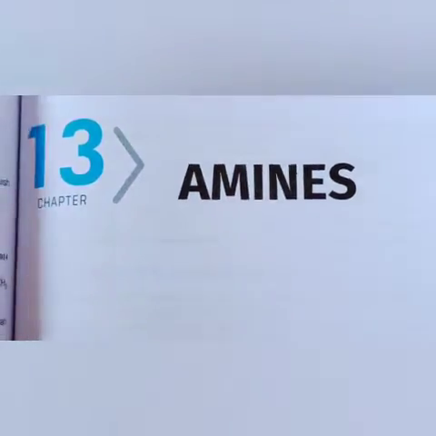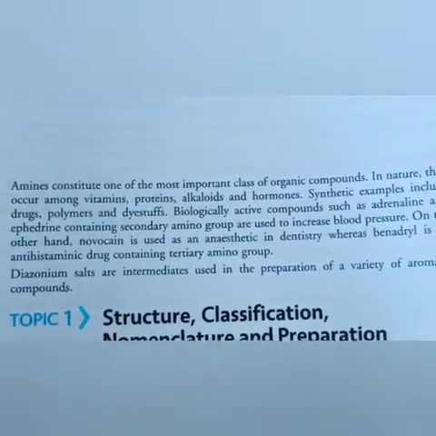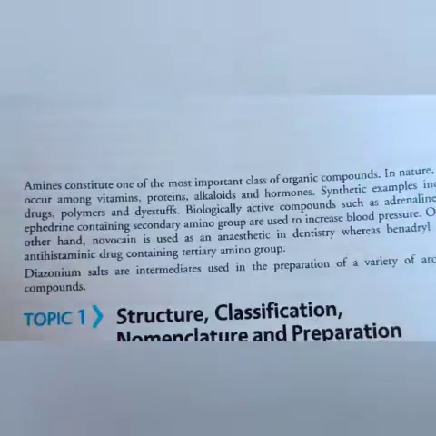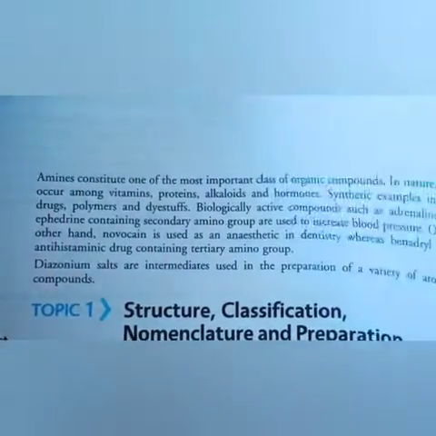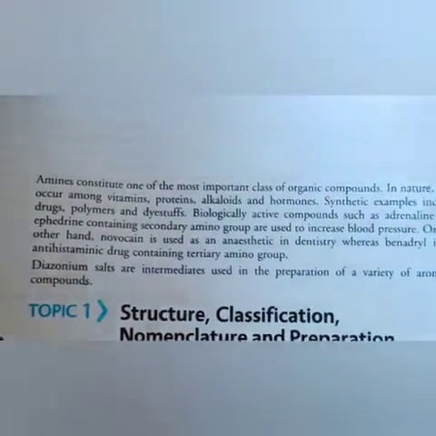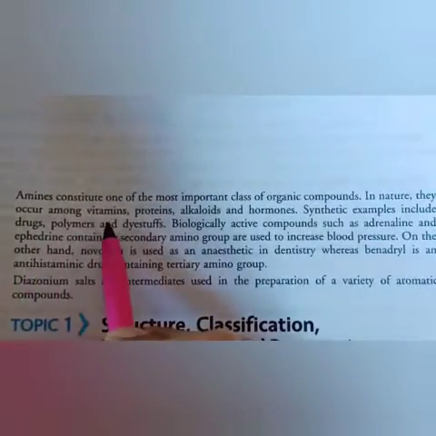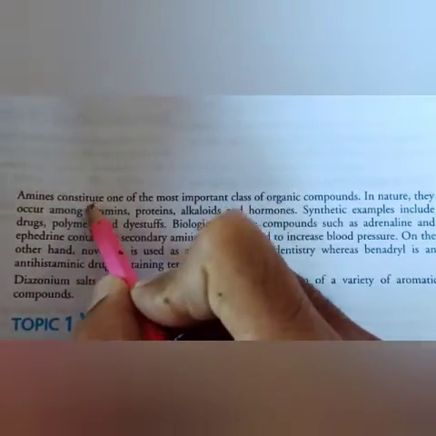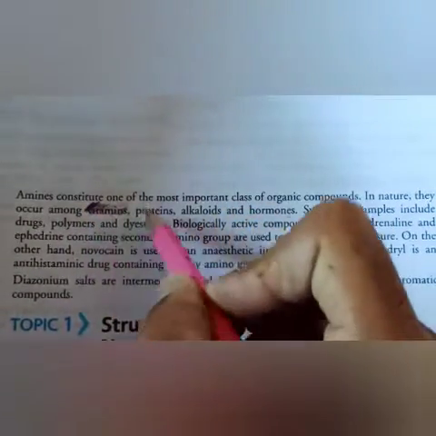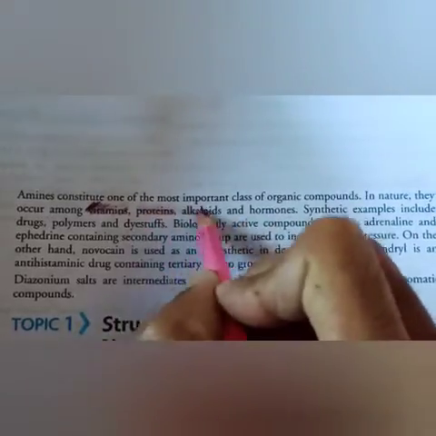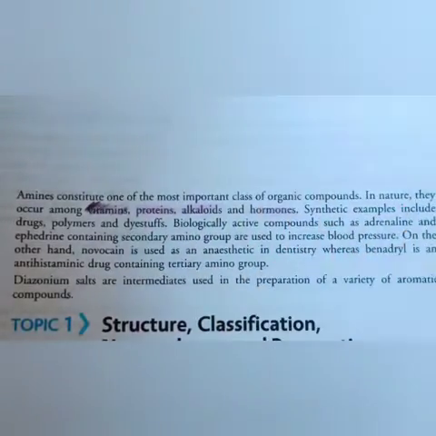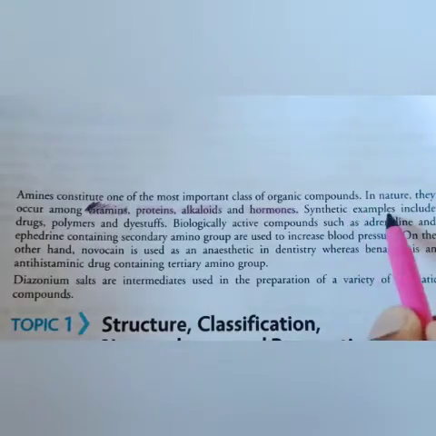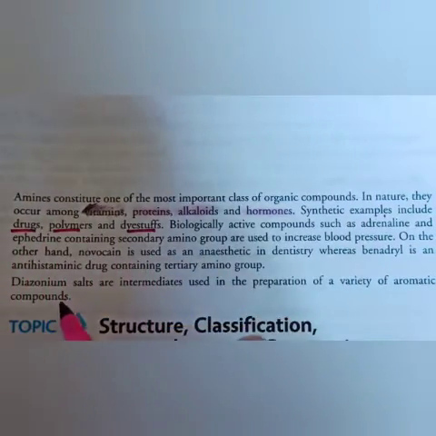A little bit of introduction about the amines. Amines constitute one of the most important classes of organic compounds. In nature, they occur among vitamins, proteins, alkaloids and hormones. Synthetic examples include drugs, polymers and dye stuff.